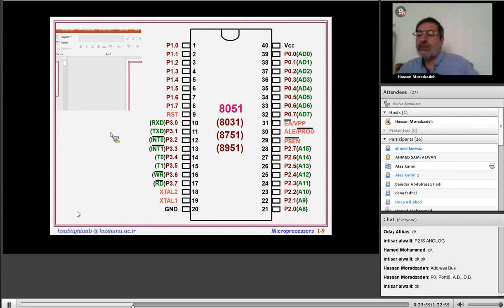Three tasks. The 8-bit data bus. Port 1 is only port 1. Port 3 is shared with some tasks. Okay, go to the next slide.